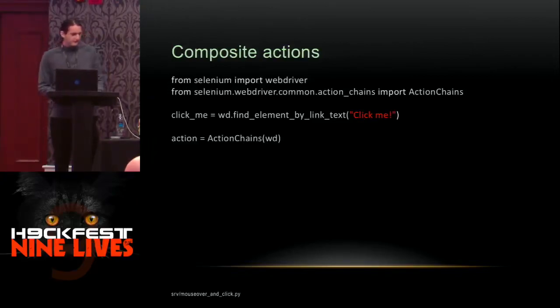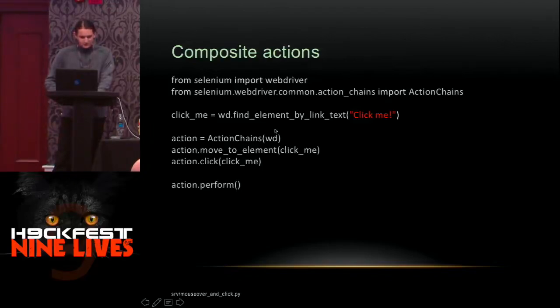And there's a way to build composite actions using what's called action chains in Selenium. It's another library with a long, difficult to remember name, but it's really easy to use. You just import it, you pre-configure an action, and then you move to the element that's the mouse over, and then you click it. And then every time you want to run that action, you just do action.perform. There's different ways of using this.